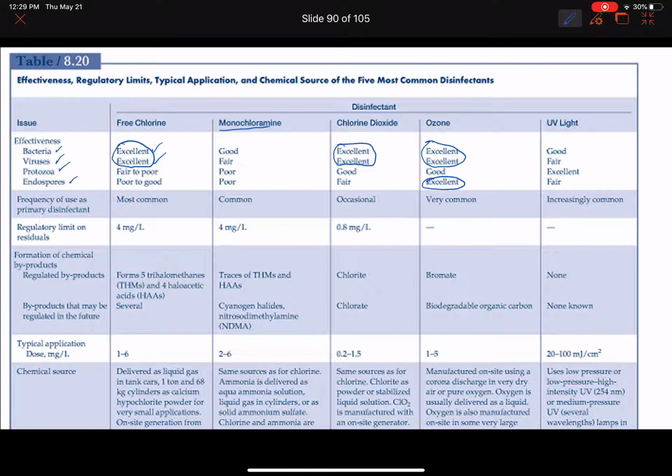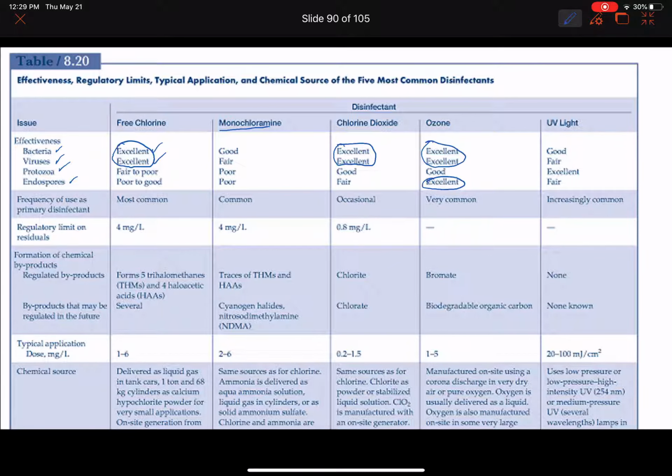You're adding ozone gas, and you're adding light. You don't expect that this will stay in water. So only the chemicals will stay in water. So the residual is only from these chemicals.